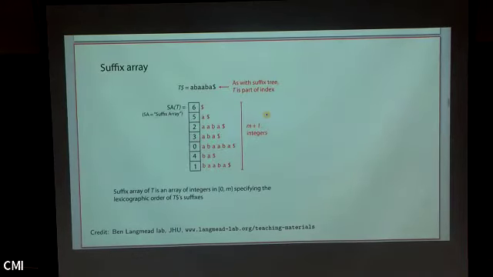So a suffix array is one example where you store all the suffixes of your sequence in lexicographical order, that means in dictionary order, with the convention that dollar is the smallest. So your first letter is always dollar, and dollar precedes any of your other letters.